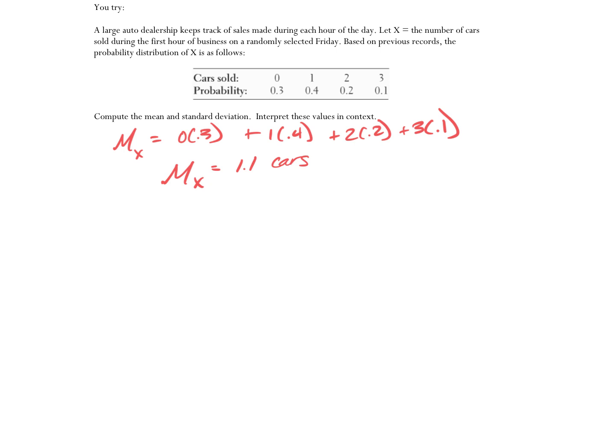Okay, next. The standard deviation is going to equal the square root of a bit of a long thing. You're going to take how far away this first possible outcome is from the mean, and then times its probability.